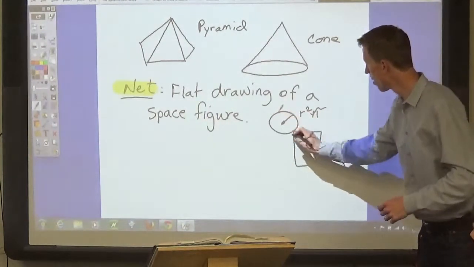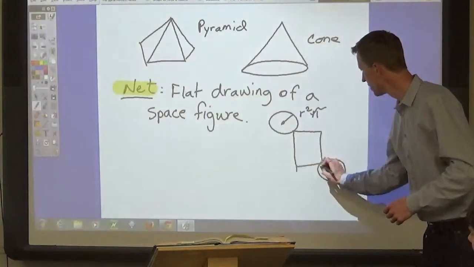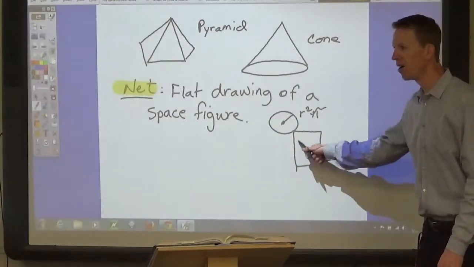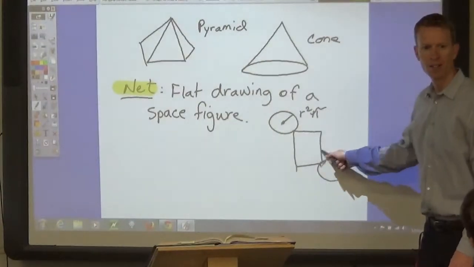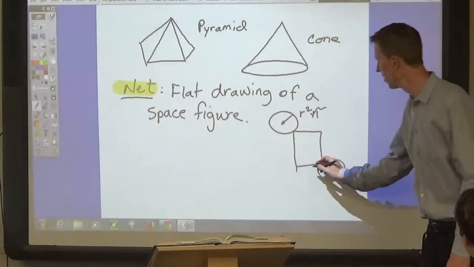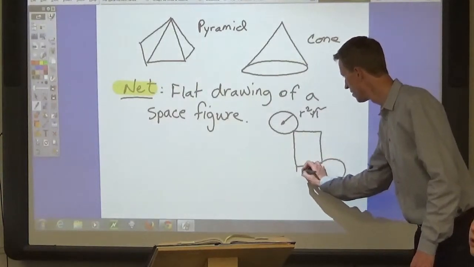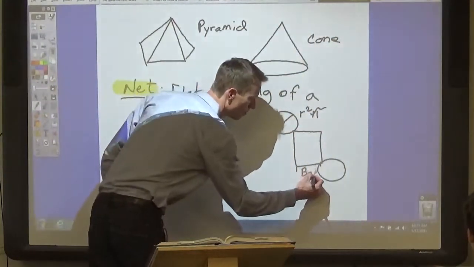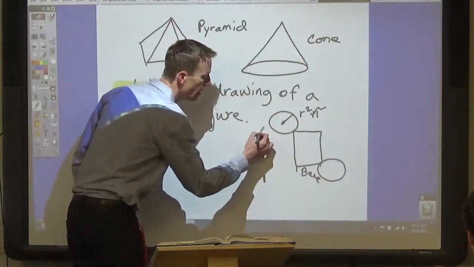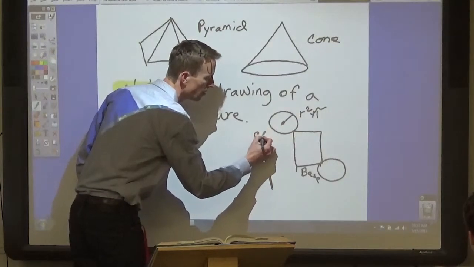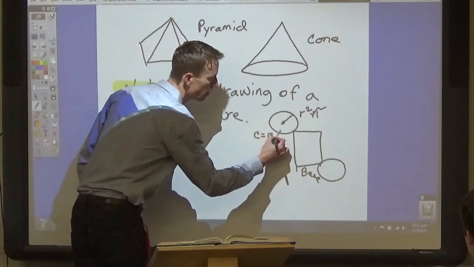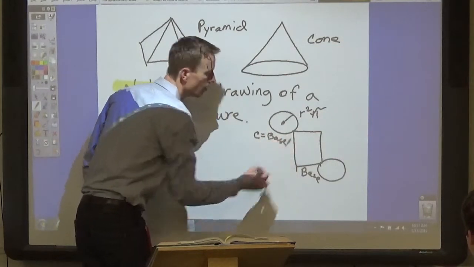So either the circumference or this distance is going to be needed to find the area of the rectangle. All right, so we need the base, or we would need the circumference. The circumference is equal to the base. Right?